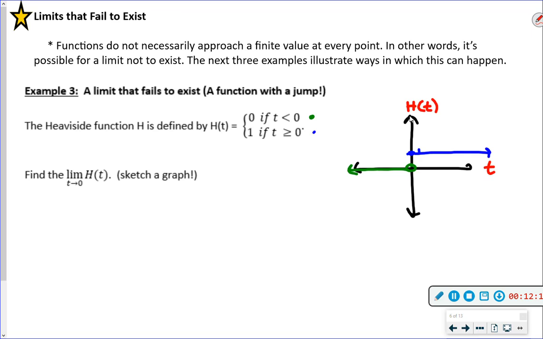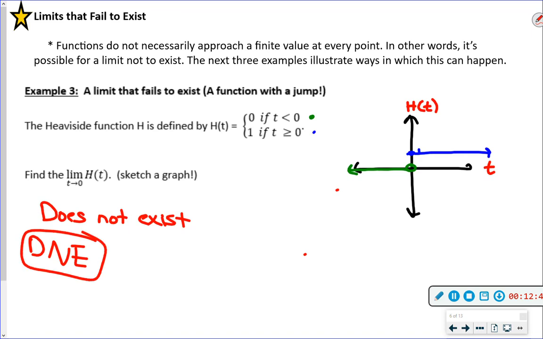Because you're approaching different values, 0 from the left, 1 from the right, it doesn't exist. We have to approach the same value from both sides to have a limit that exists. This function is what we call a jump. You've got the jump between them, so you're not going to have a limit. It does not exist. And of course, you can abbreviate it D and E, if you like that.